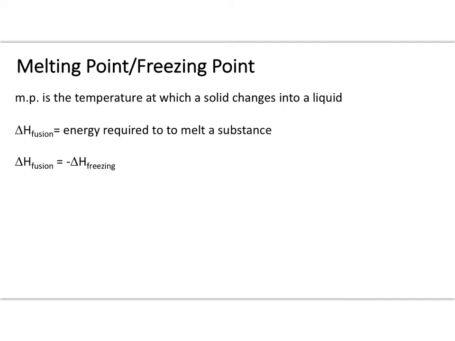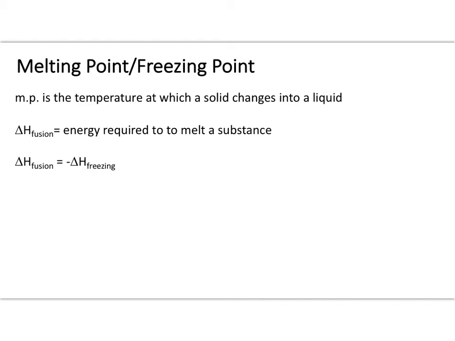Now, another thing I want to point out, guys, is that freezing point is just going to be the reverse process seen on the heating curve in the previous slide. So we know that as we go from a liquid to a solid, we are freezing the substance. The temperature at which that occurs is going to be your freezing point, right?